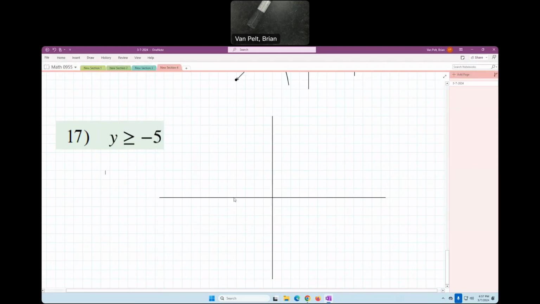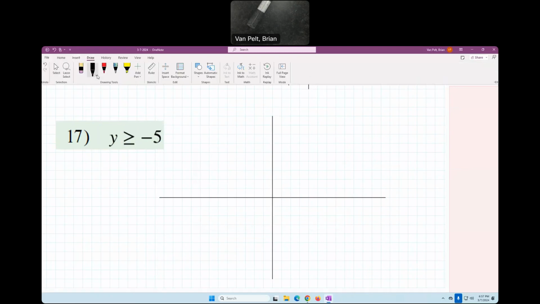All right, so I'm going to put a dot at -5, because if you think about it, I could think of it as 0x minus 5. So the slope would be 0, so we go down 5, 1, 2, 3, 5. And I'll put a horizontal line through that point.